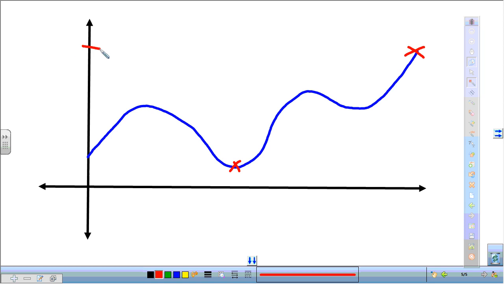So one height is the maximum, but instead of local, it's global. The other word used interchangeably would be absolute. So absolutely, that's the highest. Or in the whole world, that's the highest.